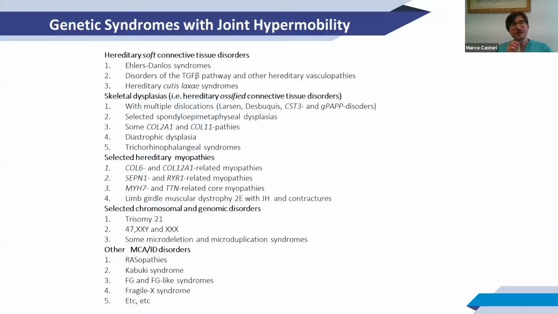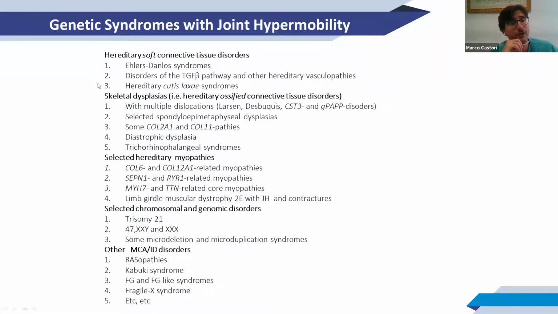The genetic syndromes featuring joint hypermobility are dozens. The first group are surely the hereditary soft connective tissue disorders, and among them Ehlers-Danlos syndrome, but also, for example, cutis laxa and Marfan syndrome, Loeys-Dietz syndrome.